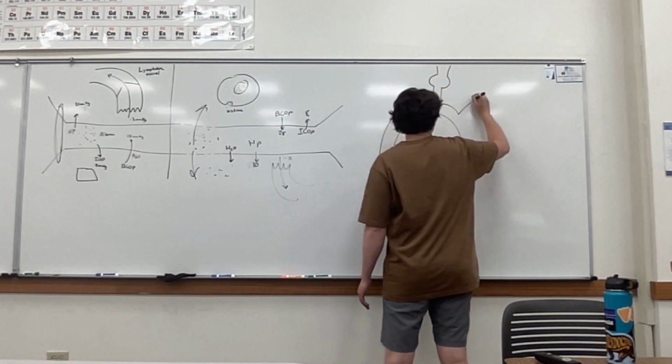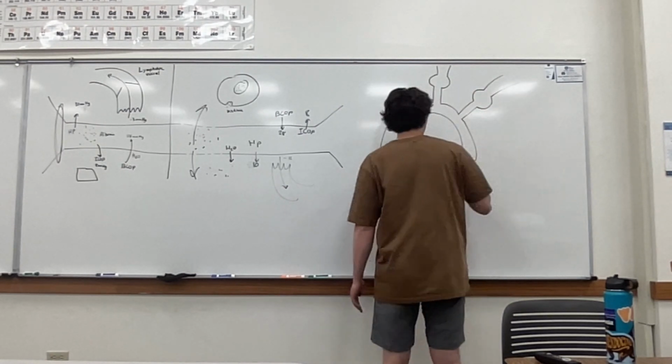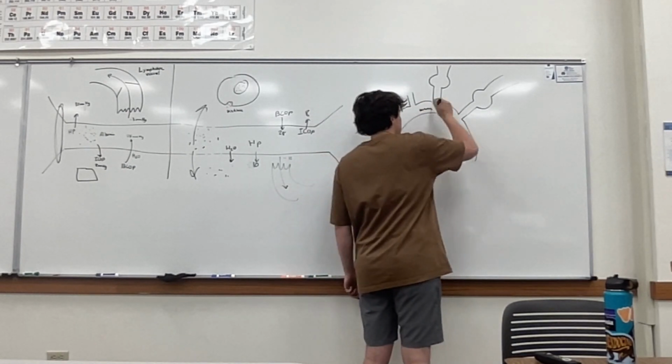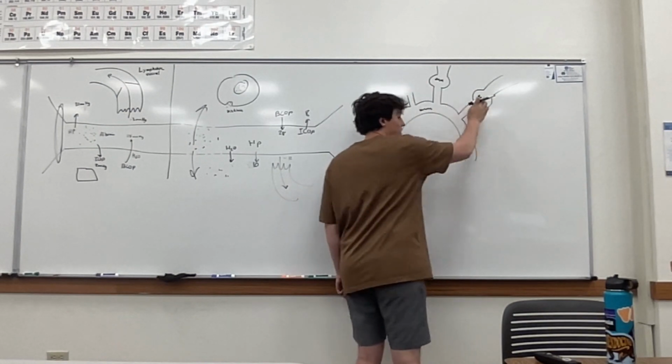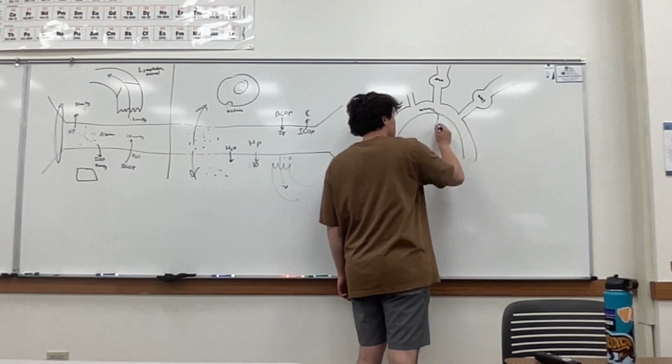And this is your aortic arch. You have three big arteries that come off of it. In the top of your arch, you have these cells, these squiggles here, and these are all baroreceptors. They are stretch receptors.